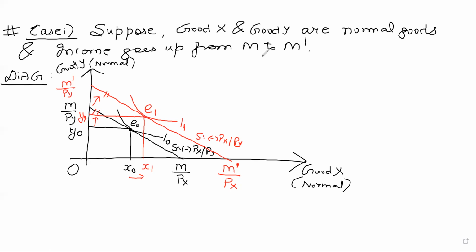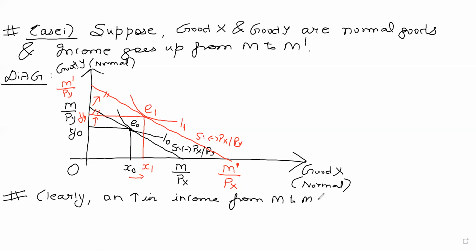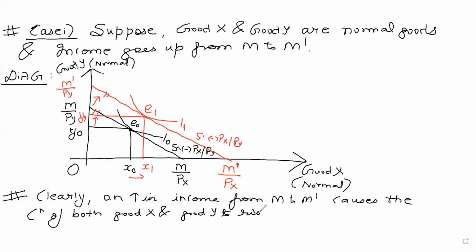So what can I say if I just write one line? Clearly an increase in income from M to M dash causes the consumption of both good X and good Y to rise.